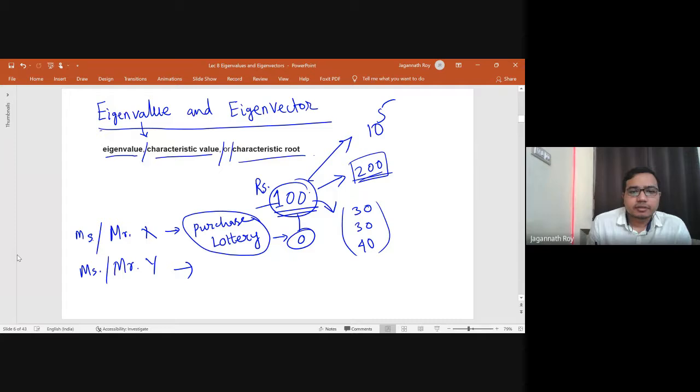They can do maybe a recurring deposit. They can also do a fixed deposit. They may also invest in mutual funds.